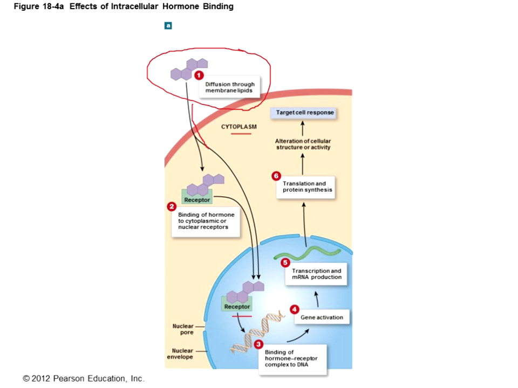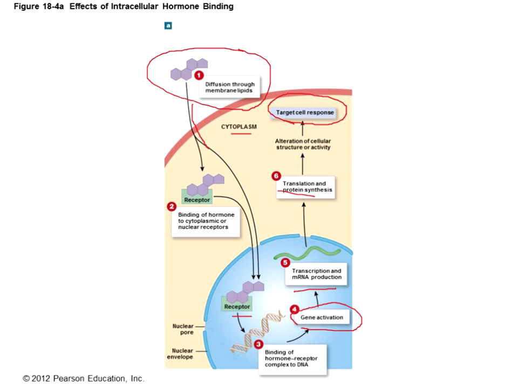When it does that, it can impact gene activation, transcription, translation, and then ultimately get your target response. So again, if this is a muscle, for instance, right? Testosterone is going to go directly into the cell, alter the rate of transcription and translation and protein synthesis, and you're going to impact that muscle.